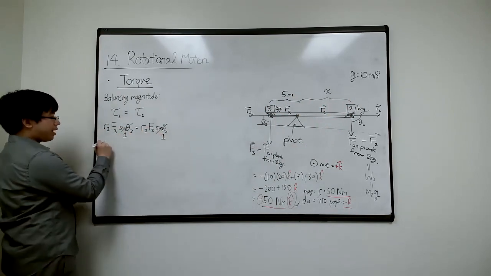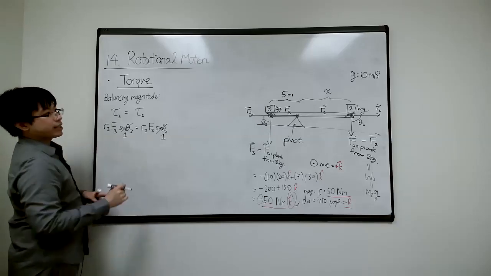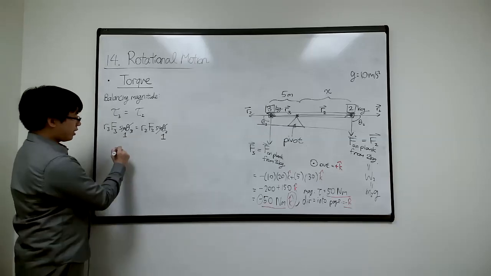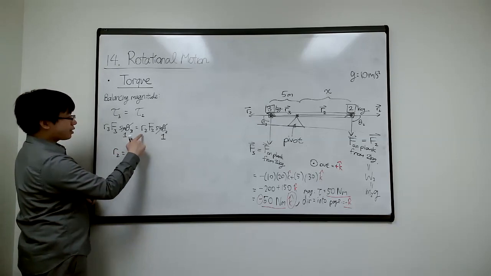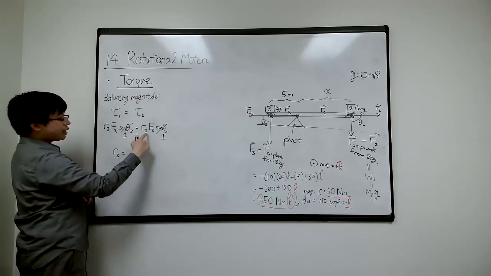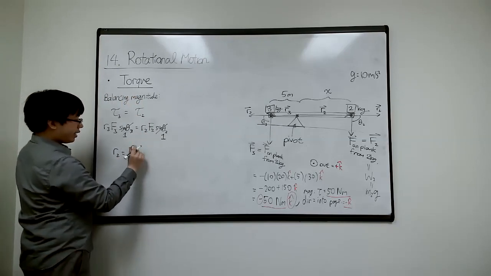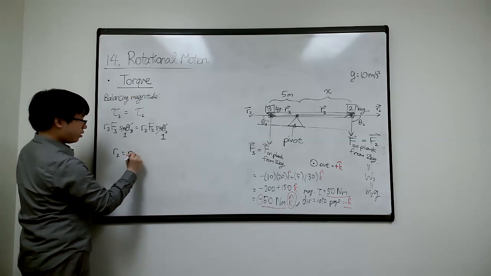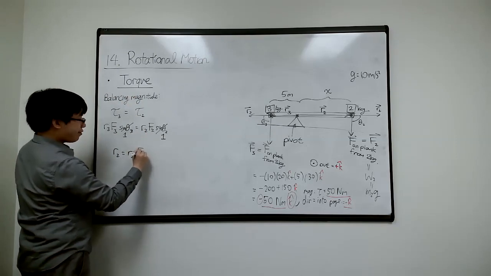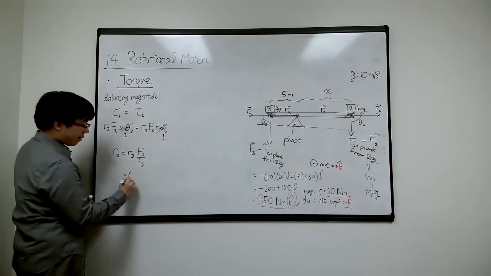Okay, so now we'll plug in the numbers. What is our unknown? Our unknown is R2, right? So let's make that the subject. Notice no vectors anywhere. I'm just balancing the magnitude. And I have R2 equals R3 times F3 divided by F2. Okay, and now I can plug in the numbers.